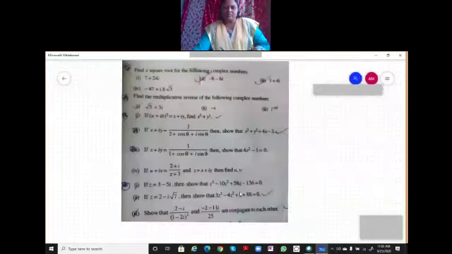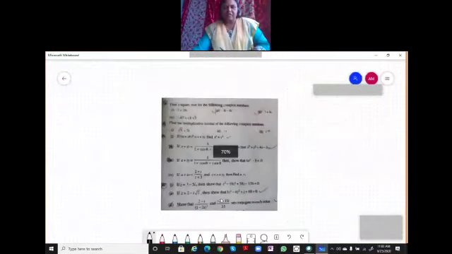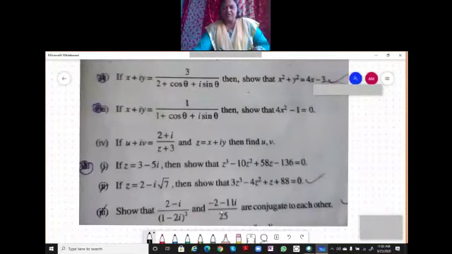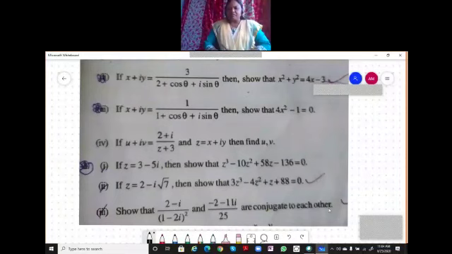So we have taken minus common, that's all. We got the same thing, isn't it? The conjugate of (2 minus i) by (1 minus 2i) whole square is minus of 2 plus 11i by 25. So what we say, these two are conjugate to each other.